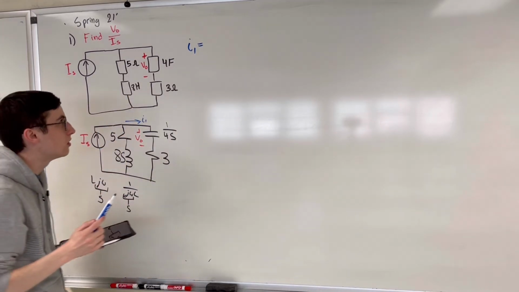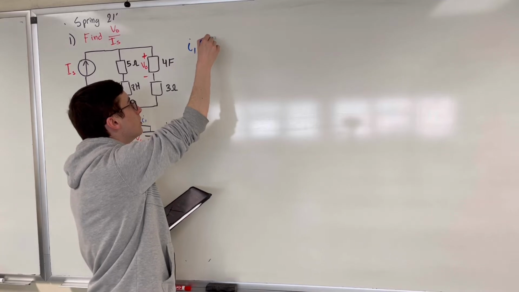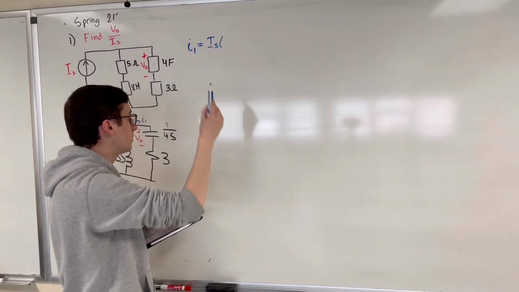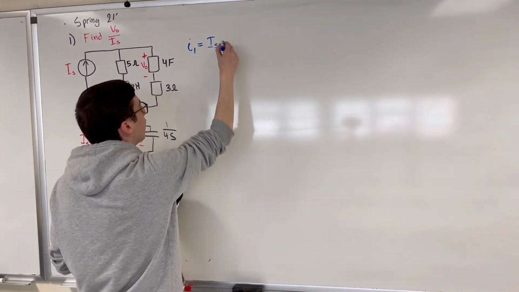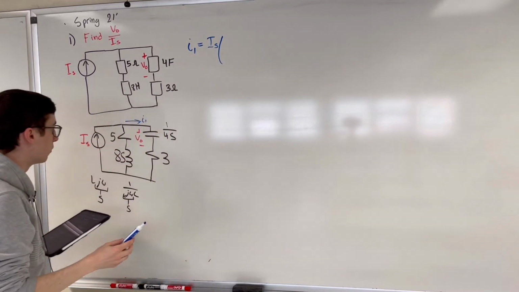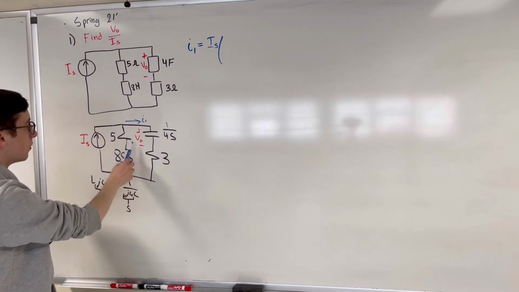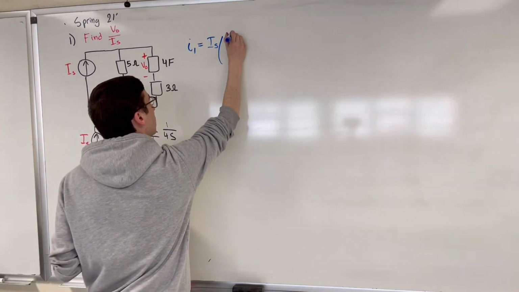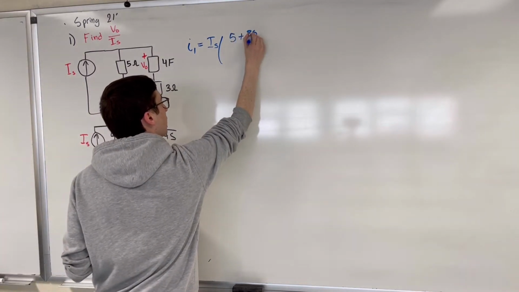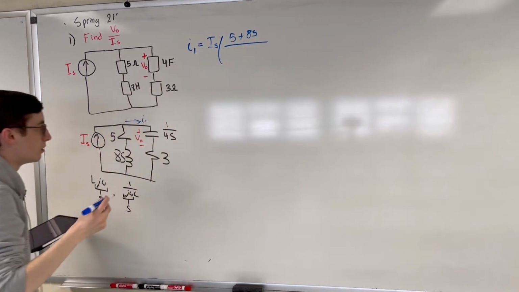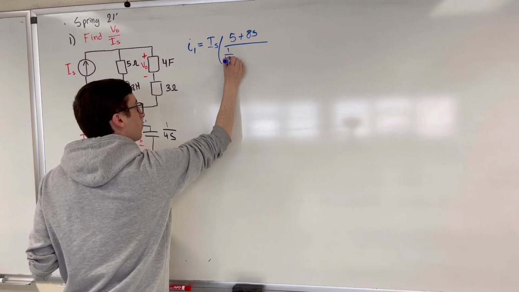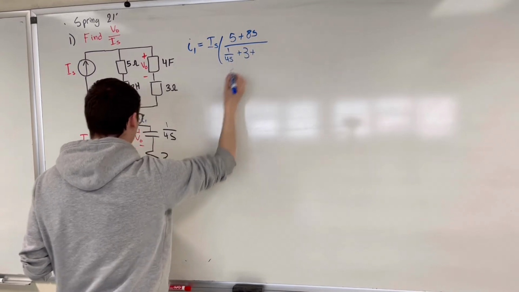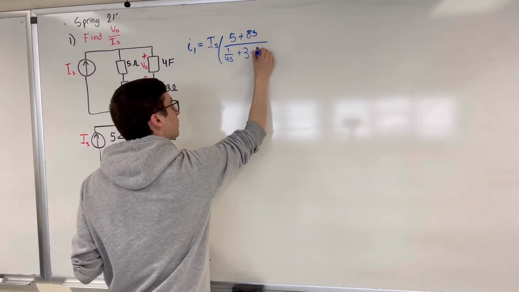So I1 is going to be equal to IS times, and we're going to use the other series components, so it's going to be 5 plus 8S, and that's all going to be over all of the components added together. So 1 over 4S plus 3 plus 5 plus 8S.